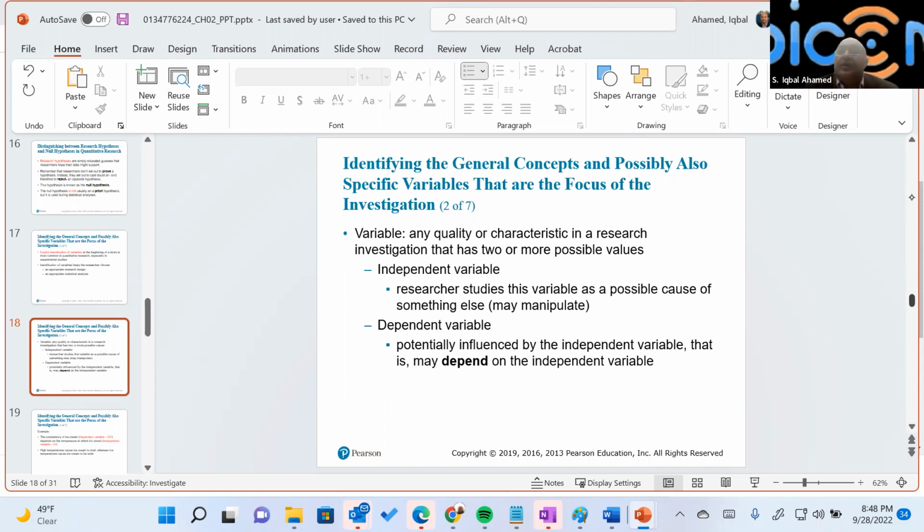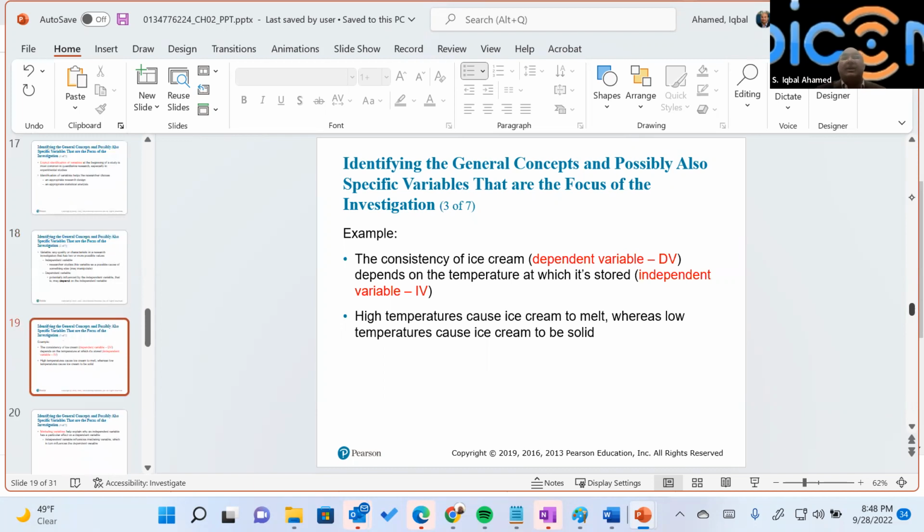From math, probably you are familiar with dependent and independent, right? Independent, as the word says, doesn't depend on anything, and dependent means it is really influenced by some other independent variables. So here I'm trying to give you an example.